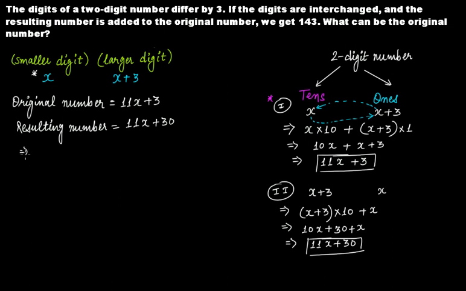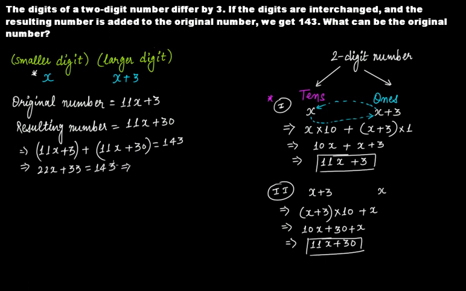You get 11x plus 3 plus 11x plus 30 is equal to 143. 11x plus 11x means 22x, plus 3 plus 30 means 33, is equal to 143.